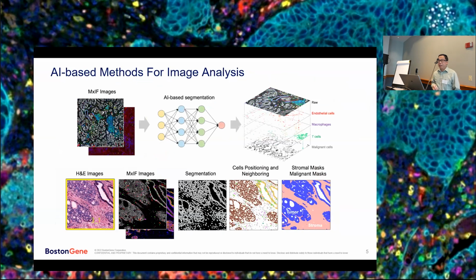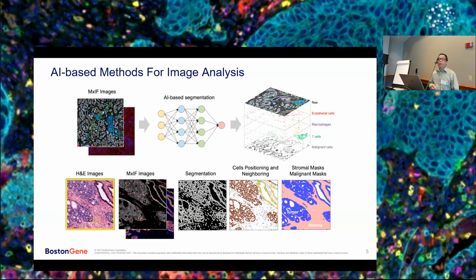So here is a brief summary of the process. Starting from the raw images, we first do extensive QC checking because we understand quality images will lead to quality data. So there's a QC process, and after that, we'll do segmentation.